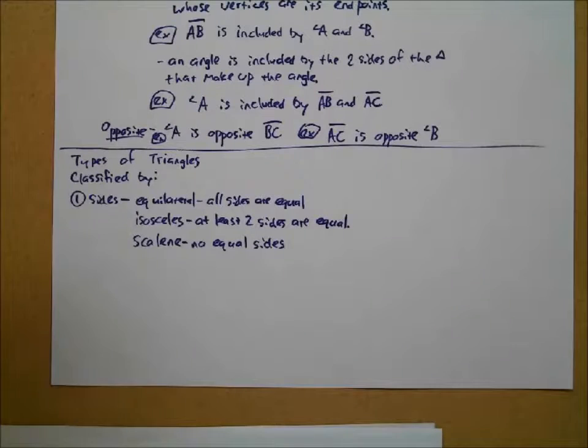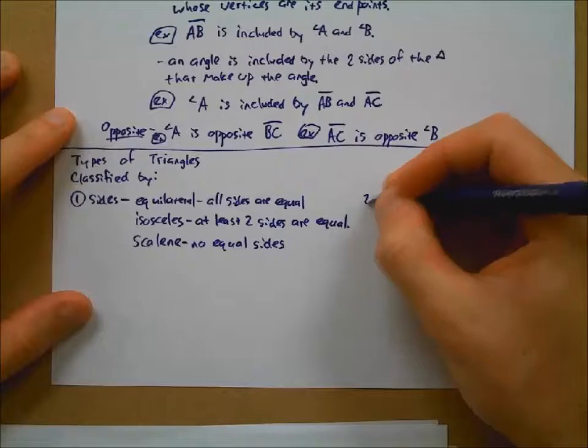Can a scalene triangle be isosceles? No, can't, right? Scalene, by definition, no equal sides. Isosceles, at least 2. Can an isosceles triangle be equilateral? Can be, yes, because at least 2 means there could be 3, and so then it would be equal. Okay. All right, so that's by sides.